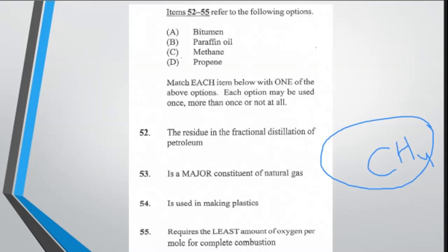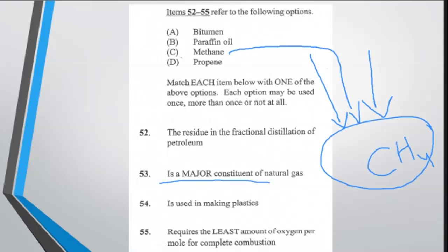Right? This here is what we use. This is also our cooking gas. This is what cows fart out, methane gas. In our landfills, the gas that builds up inside our landfill, again, is methane gas. Methane gas is a major constituent of natural gas. Okay?